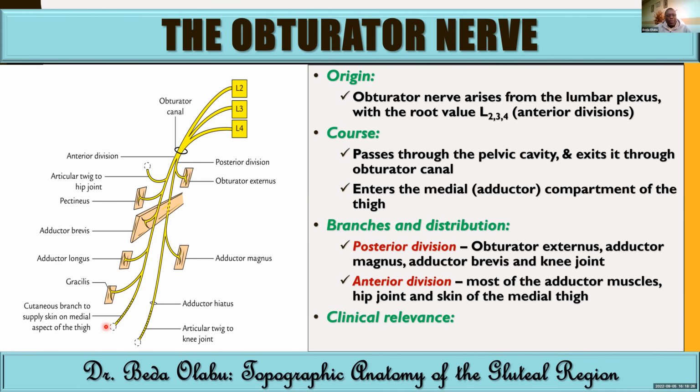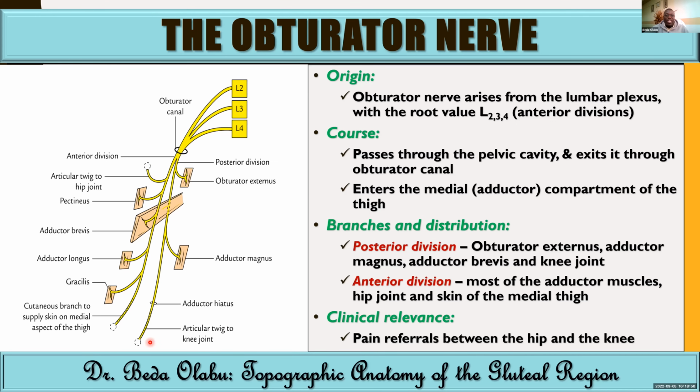Now it is important that we understand something here. In terms of clinical relevance, because the obturator nerve supplies both the hip joint through the anterior division and the knee joint through the posterior division, sometimes pain that is being carried by the obturator nerve can be confused.